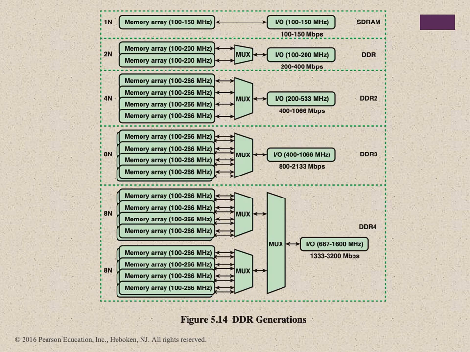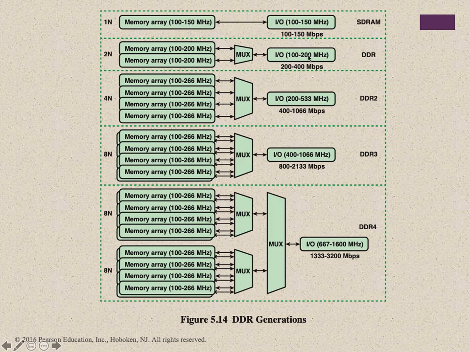This is the architecture of DDR. This is your memory array, and these are the different circuitry that are used to access this RAM: the multiplexer, and then the I/O. This is for SDRAM, where the memory array runs at 100 to 150 megahertz, and then the I/O.